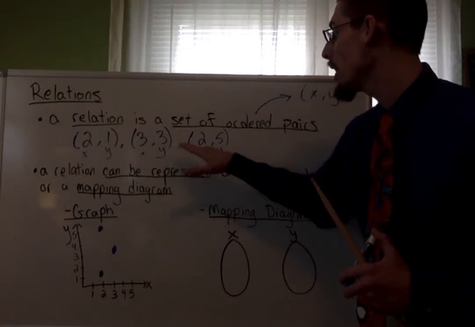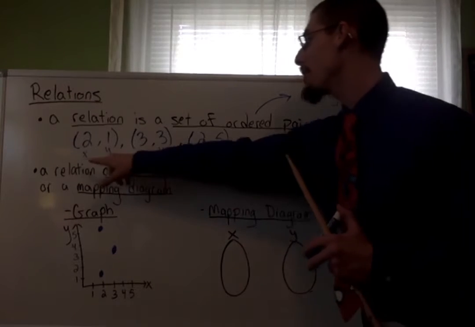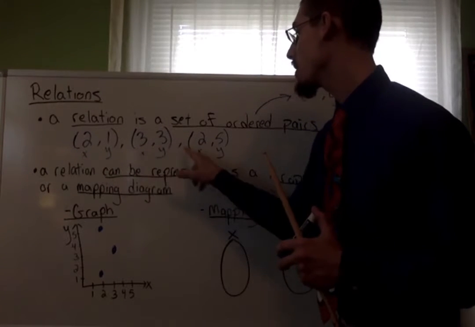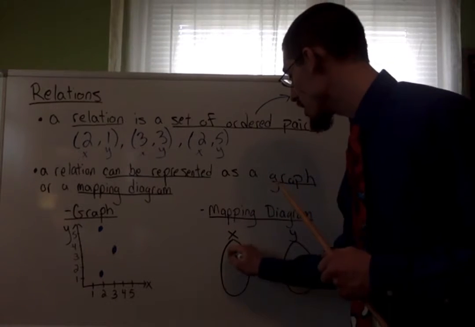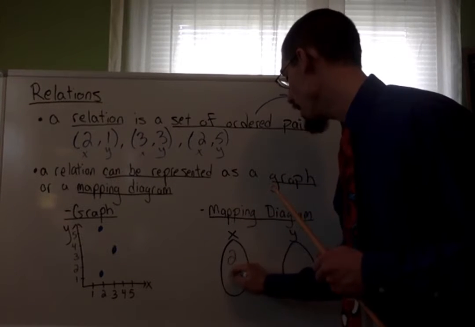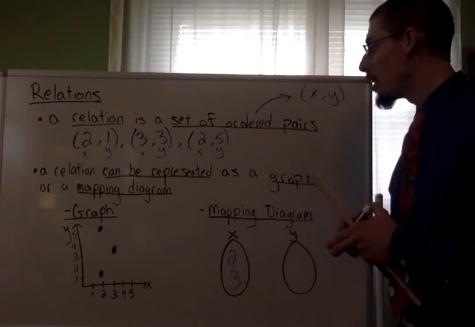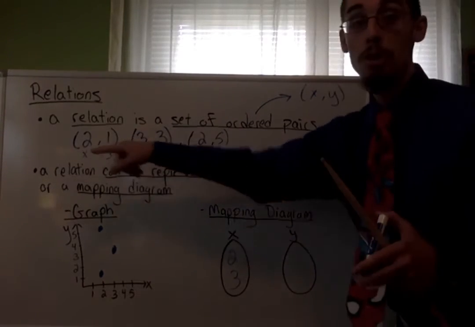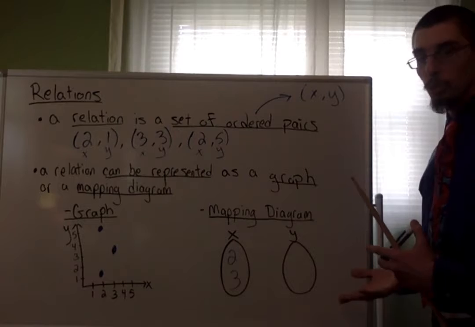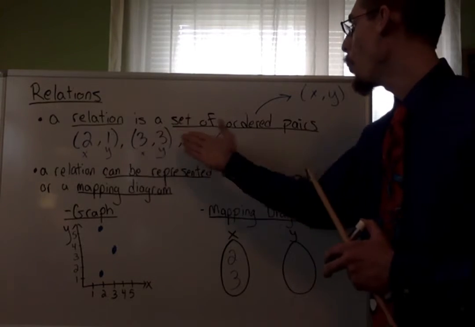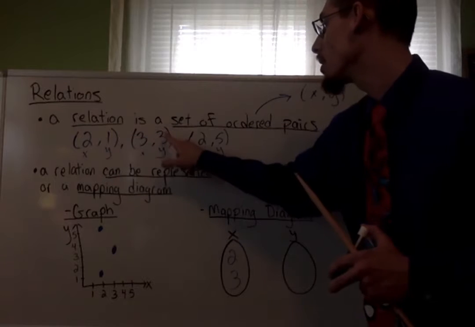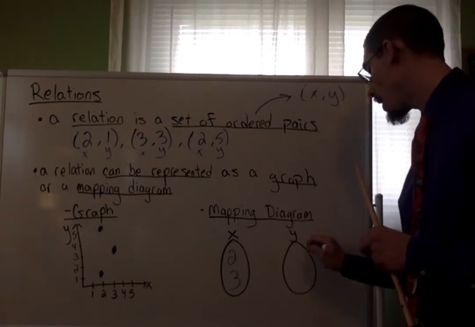So in this relation here, I have a 2 and a 3 and then another 2. Well, all I'm going to put in here is a 2 and a 3. The fact that the 2 shows up twice, I don't write it down twice. I just put 2 and 3. And then the y values, 1, 3, and 5, I will put in like so.